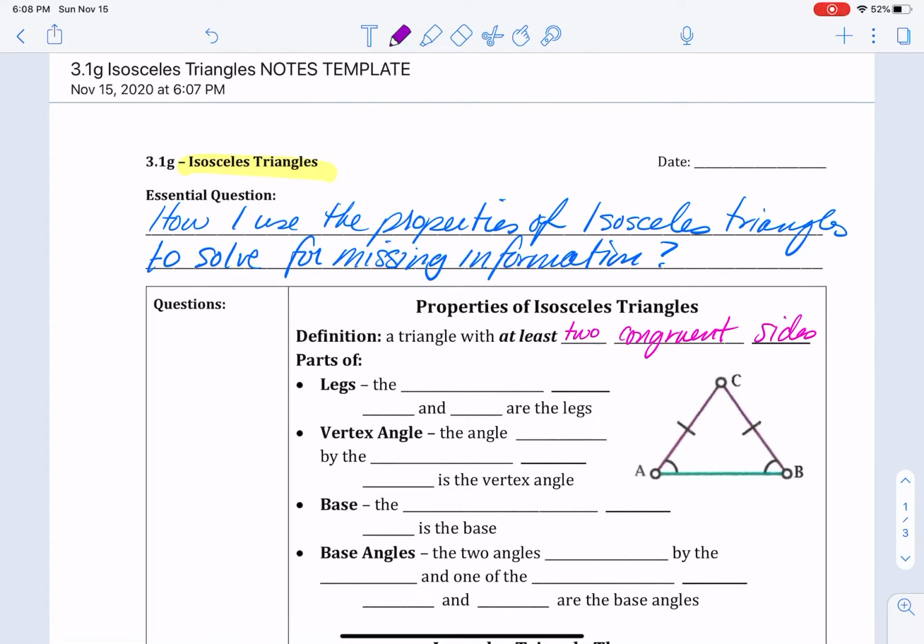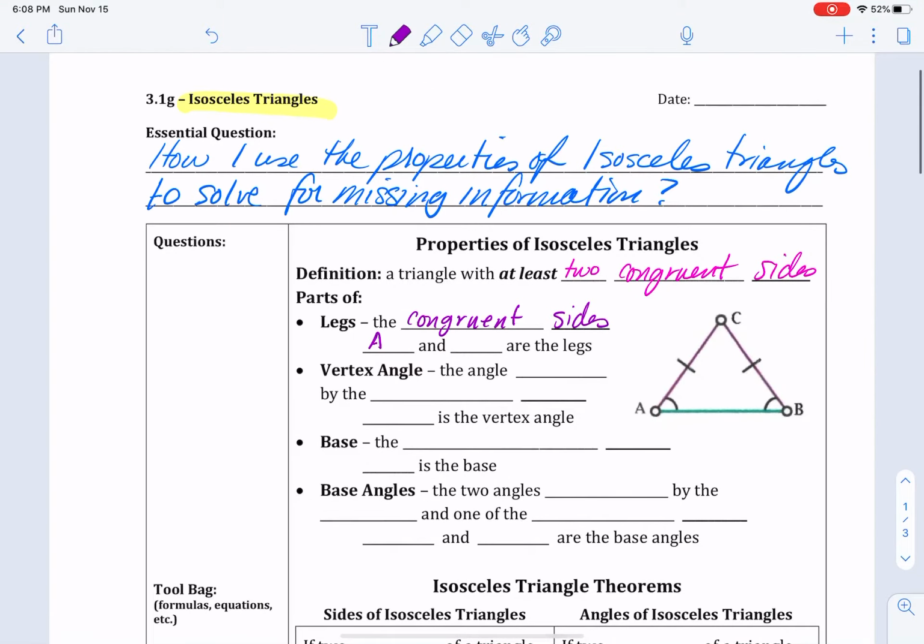Legs are the congruent sides. In the picture in front of us, AC and BC are the legs because they are the ones that are marked as congruent.